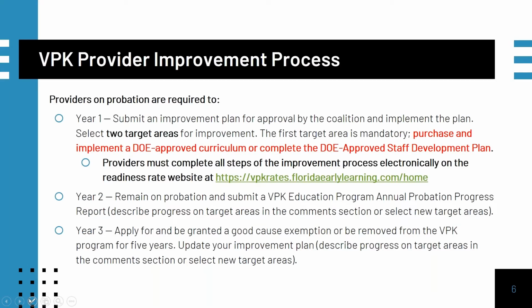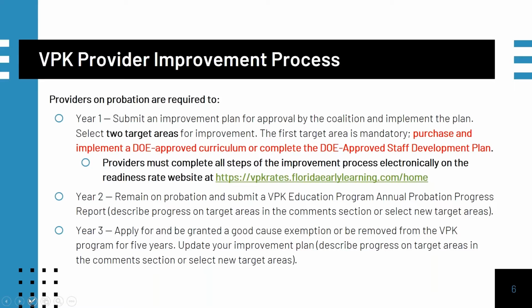Year 2, you're going to remain on probation and submit a VPK Education Program Annual Probation Progress Report. That means that you're going to describe progress on your target areas in the comments section or select new target areas. So that's important to note. If you're a year 2, you can either decide to just describe your progress on implementing those target areas that you selected, or you might decide that you actually want to choose 2 new target areas.